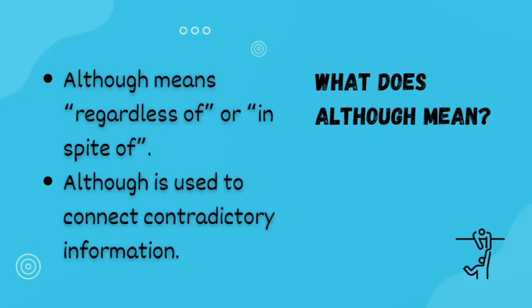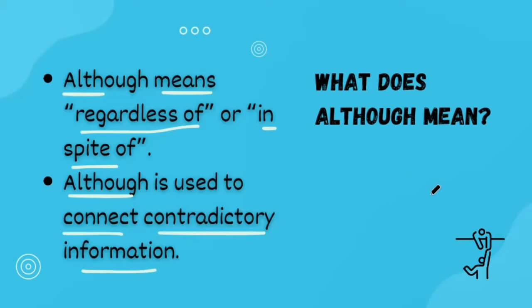Let's check out the next thing, which is telling us what although means. So although means regardless of something or in spite of. And this is also worth remembering that although is used to connect contradictory information in two clauses.